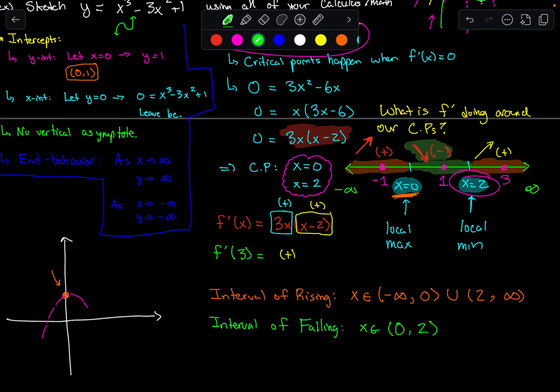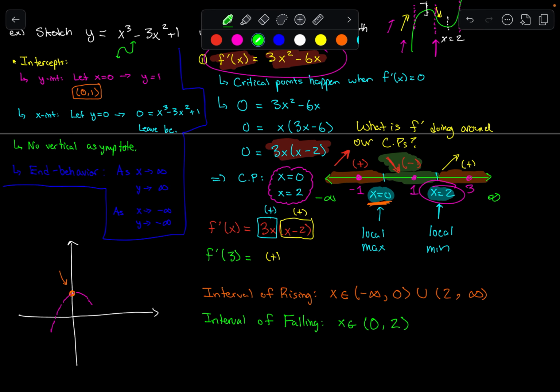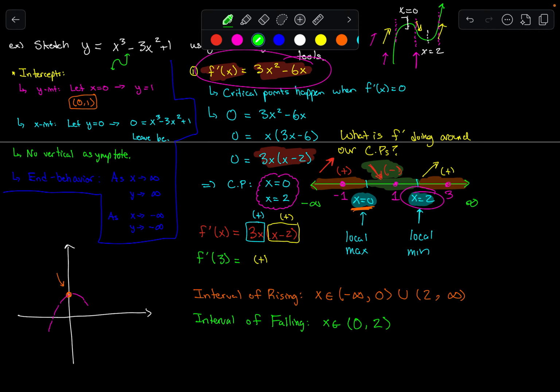So how do I figure out what the y value is for that local minimum? If I know that x equals 2 results in a local min, what's the actual point? Well, I'm going to go all the way back up to the top and plug in 2.